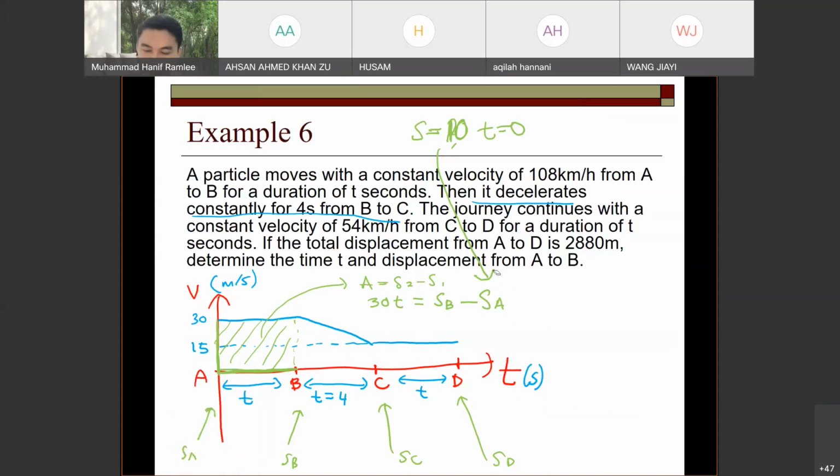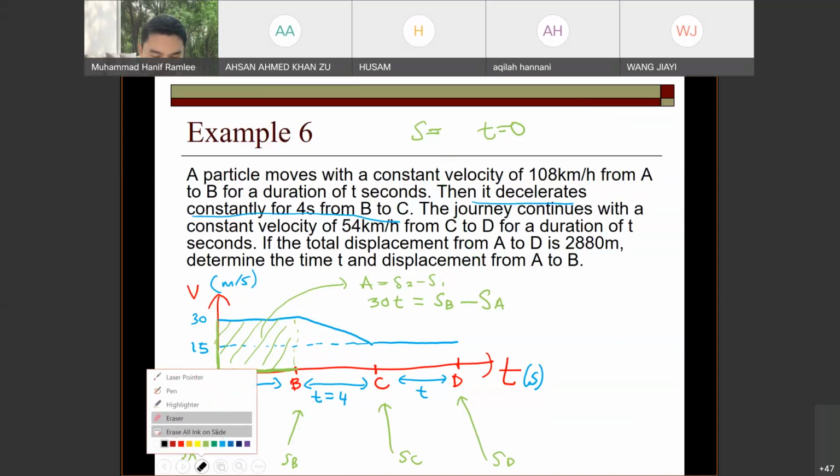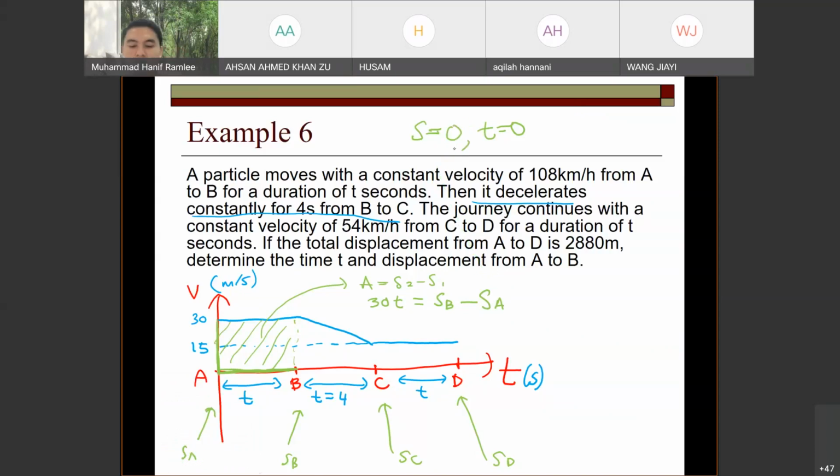So you can put S equal to 0 when T equal to 0. There is no information about this, so you have to be aware of it. Not all information is given.